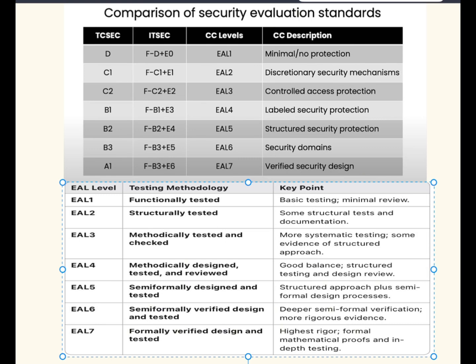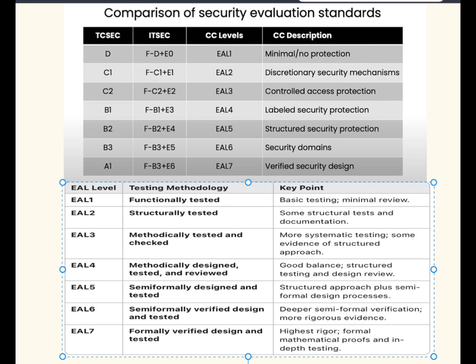They review, test, and validate your product against your security target and CC requirements, and then they assign it an EAL level. As you can see in this image, we have CC levels EAL1 to EAL7. ITSEC and TCSEC, as I said, are not relevant anymore. They are replaced with CC levels.